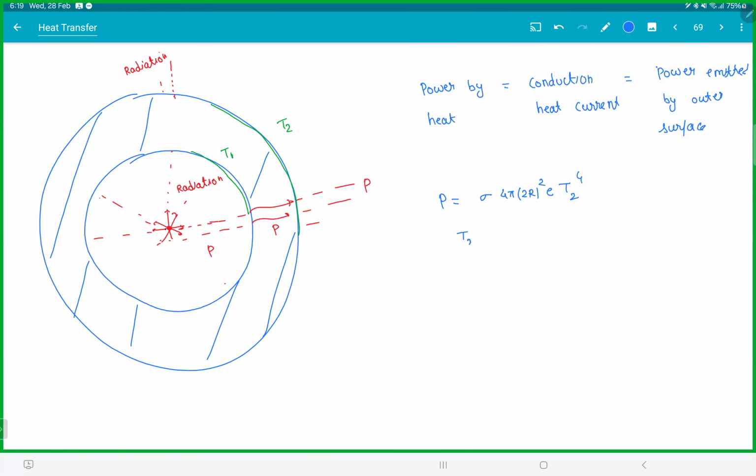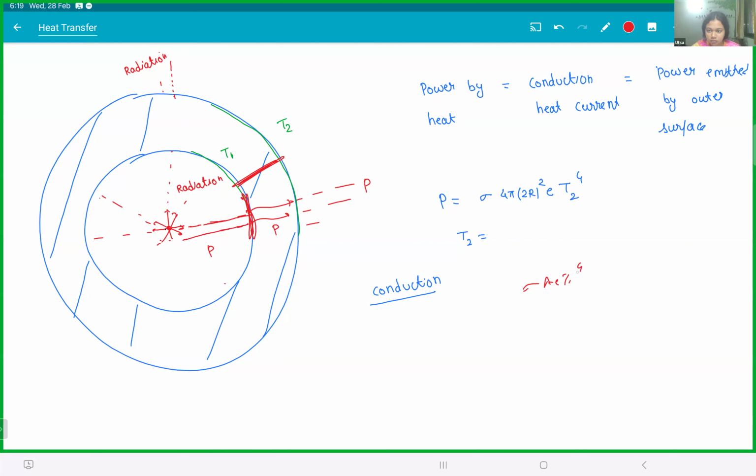So from here you'll get the value of T2. Next, from conduction, with the same formula, why can't we get the value of T1 first and then T2 through conduction? Now how will you get T1? Whatever heat is falling in here, that is becoming conduction, no? There is no radiation between these two. You are saying you'll write P is equal to sigma E T1 power 4 and then conduct to get T2?